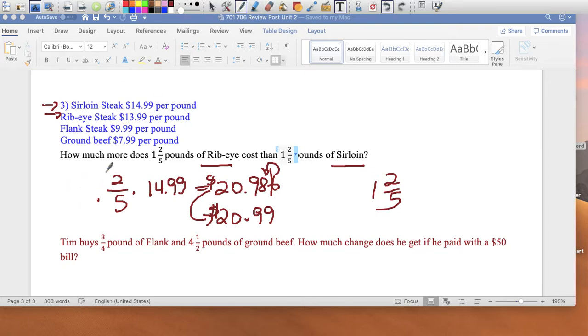This 1 should be here. 1 2/5 times sirloin. How much is the sirloin? 14.99. Uh-oh, I did it backwards. It's okay. So this is the $14.99. This is the sirloin. Now I have to do the ribeye. So the ribeye is $13.99.